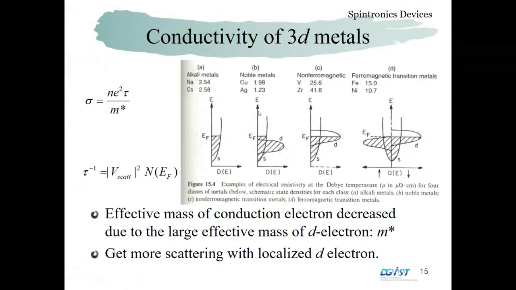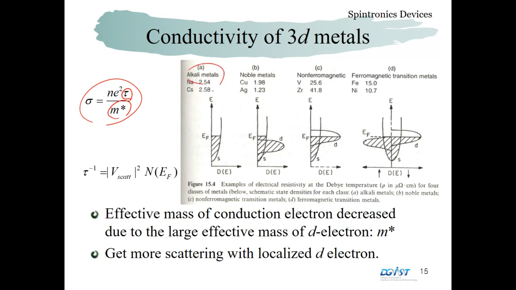Okay, so let's think about the density of state of the 3D metals. Actually, I already mentioned this graph maybe a few weeks ago. We already learned this conductivity, and this conductivity implies the conductivity of electrons for each band can be different. If we think about this m star and the tau, let's recall this simple model.